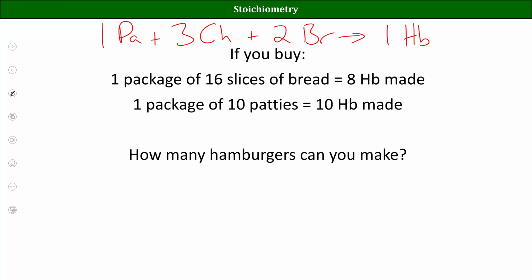To say I have enough bread to make 8 hamburgers and enough patties to make 10 hamburgers, therefore I can make 18 hamburgers. That doesn't make any sense, right? For whatever reason, when I replace bread and patties with chemicals, all of your logic will go out the window. You're going to forget about that logic. The whole reason of using this analogy is to show you that it's the same thing that applies to chemicals, to molecules.